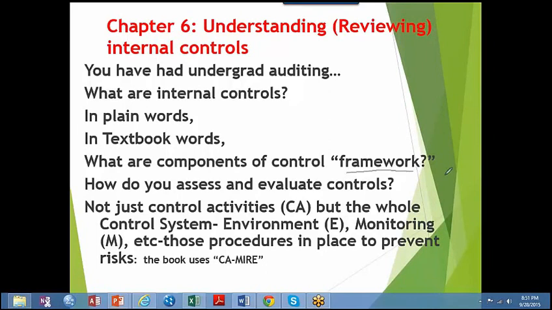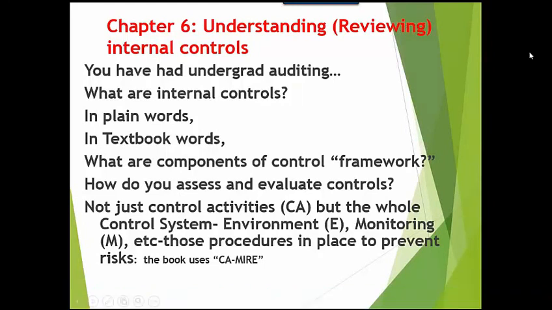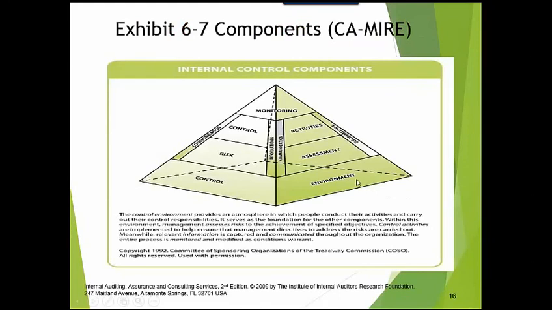This framework of internal controls, we use the term CAMIRE, but we're talking about control activities, the environment, monitoring, and what we're looking at is the framework where an organization is able to identify what can go wrong and from there be able to develop a control strategy.